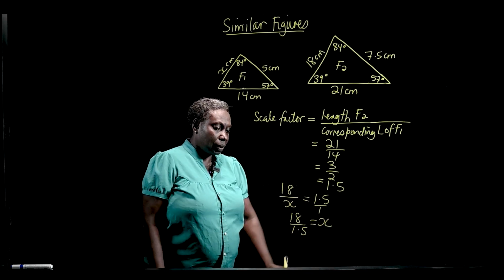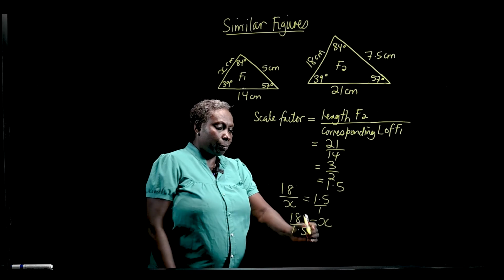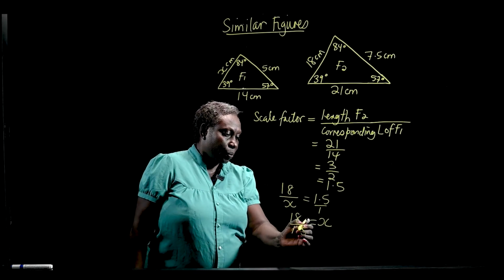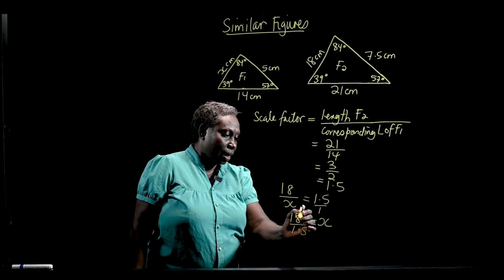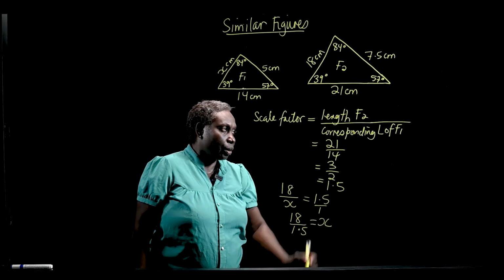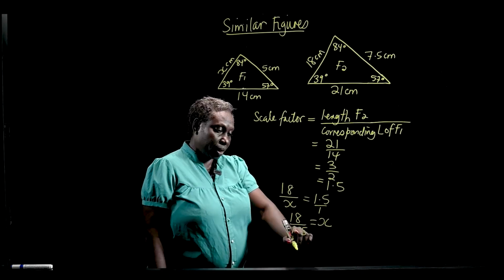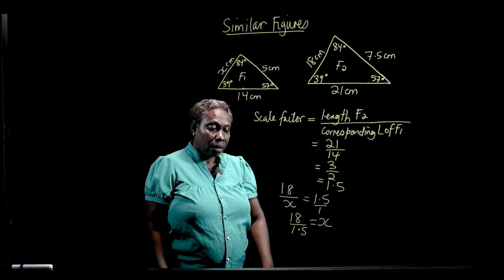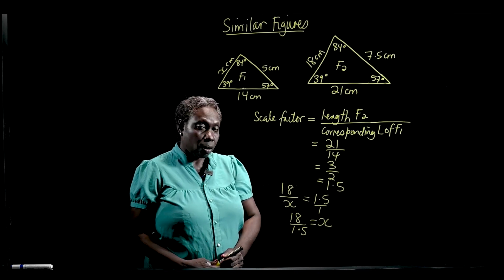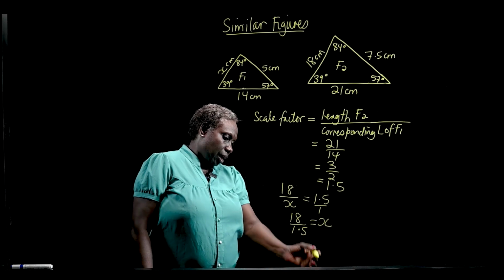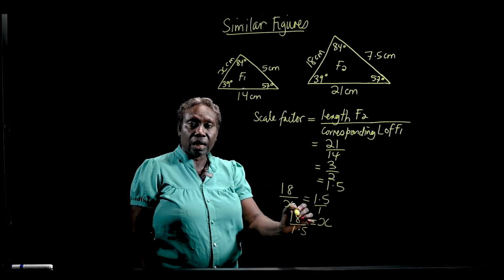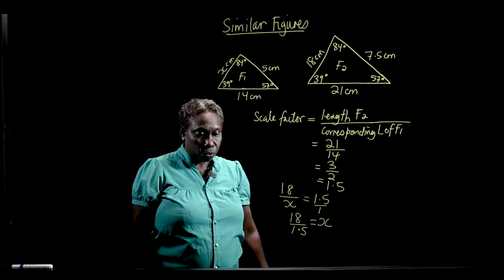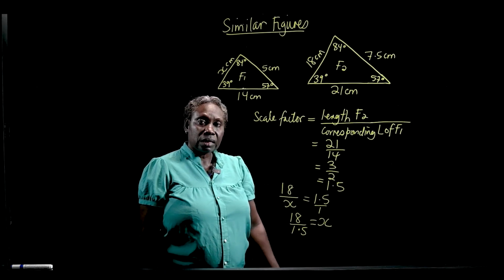Because I'm dividing by a decimal number, I change it to a whole number. When we are dividing by a decimal number, we always change it to a whole number. 1.5 multiplied by 10 will give me 15, and therefore I'll have to multiply 18 by 10.